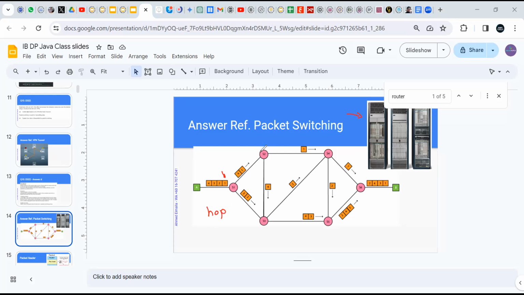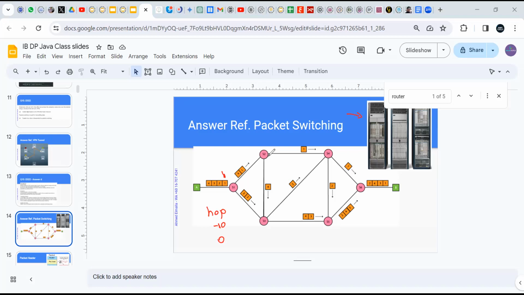Once it moves from one router to another, this hop value is reduced by one. After a few hops, maybe 10 hops, it becomes zero. If it becomes zero, this packet is discarded and deleted. It will not reach the destination.